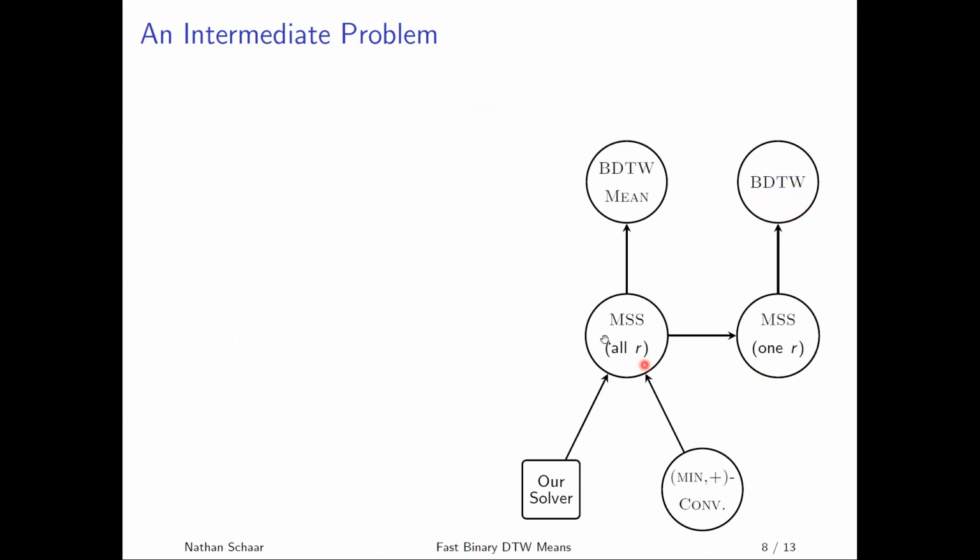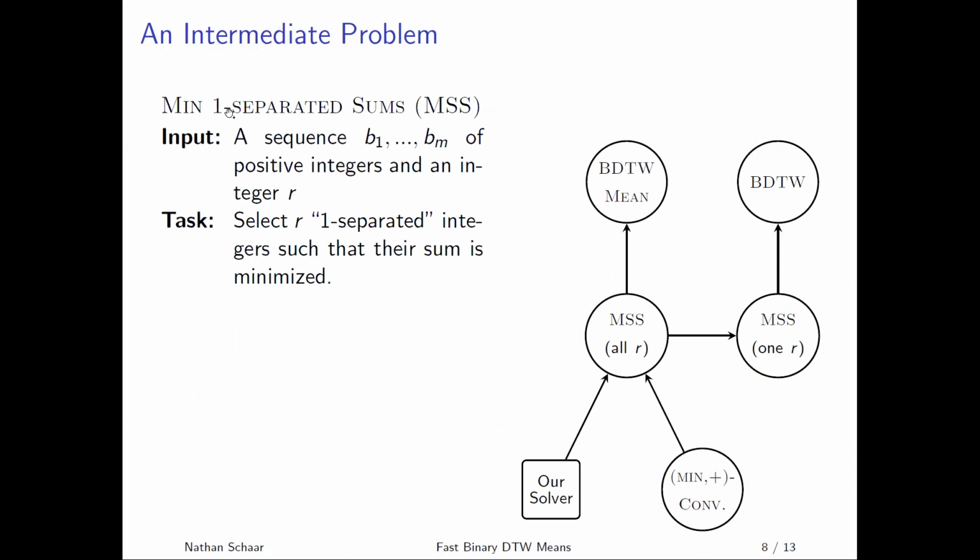And below, we have this problem MSS. And this is called min-1 separated sums. And here we have m integers, and we need to choose r of them such that they are 1 separated and minimal. And 1 separated just means that we cannot choose 2 neighboring integers in the sequence.